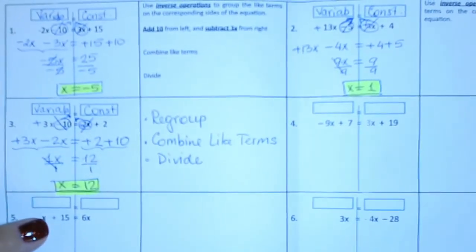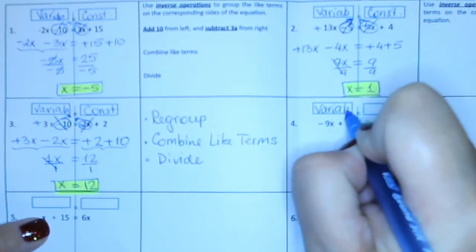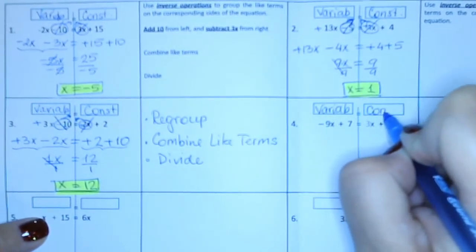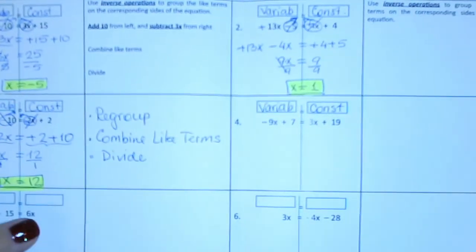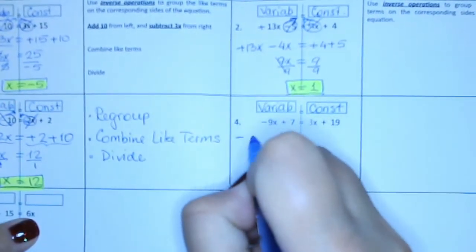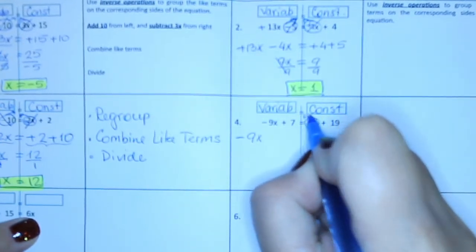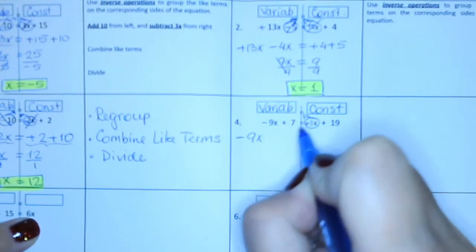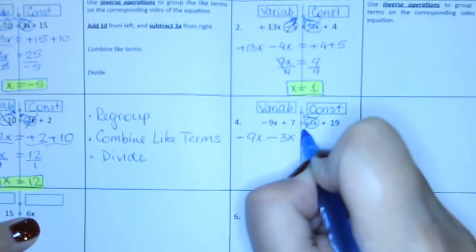Let's see another example here. I want variables on the left, constants on the right. Let's look at the grouping. Negative 9x, and then here is the x term that is positive, so we need to use inverse operation to pass it over.